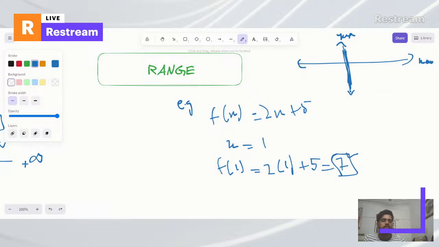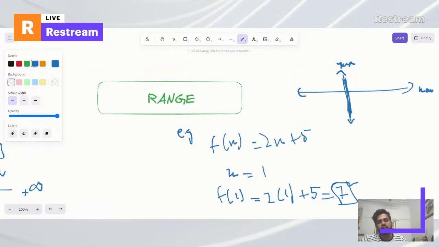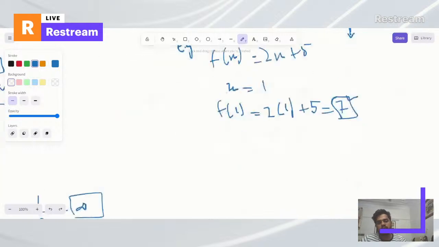Similarly, domain means how much it can move on the horizontal axis, how far forward and how far backwards. So that's what domain indicates, and range indicates how far the values can move vertically.